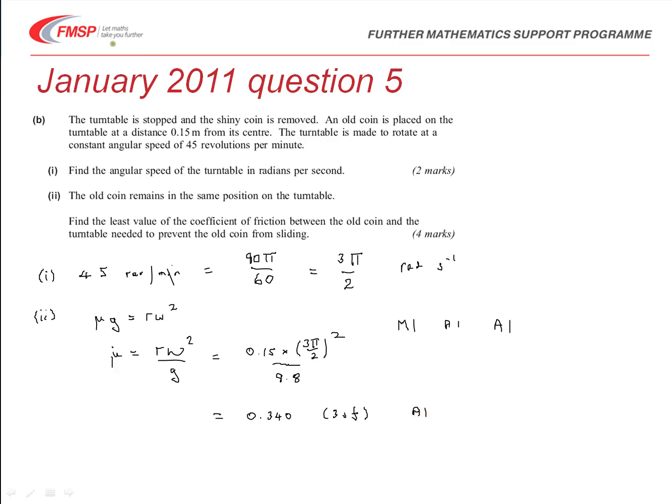Oh, and I should have said really, the marks for part 1 as well. That's fairly straightforward in that it'll just be a method mark for realising how to convert revs per minute to radians per second, and then an answer mark for obtaining the correct answer.